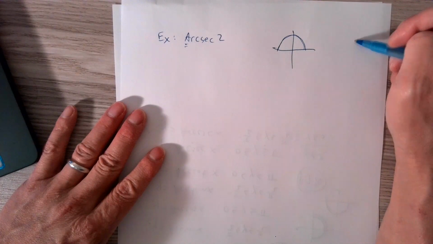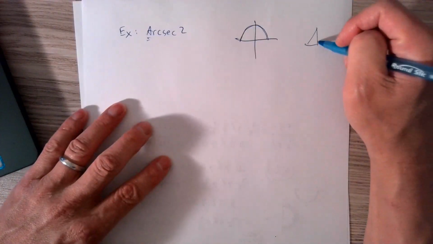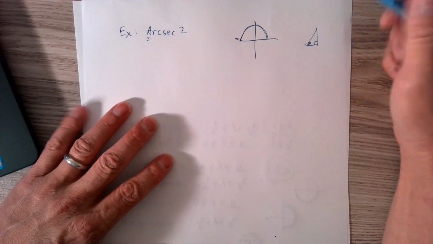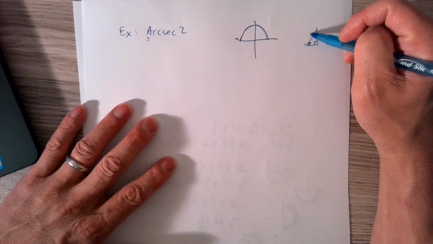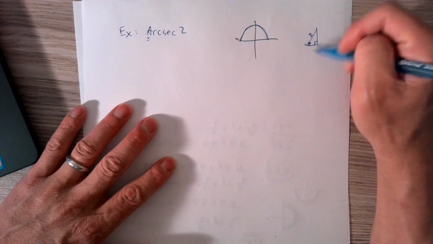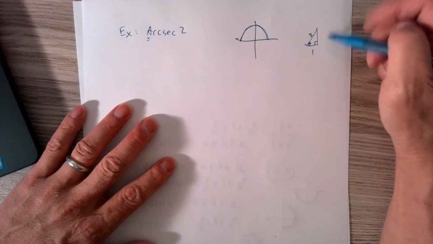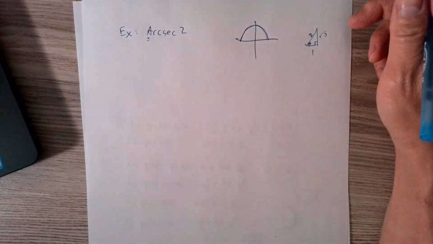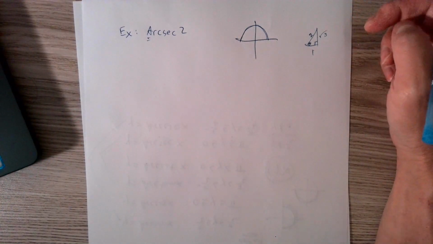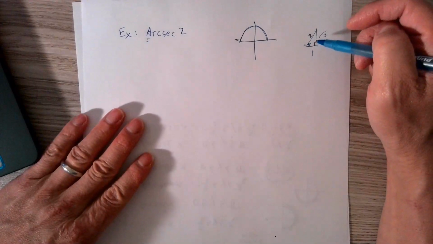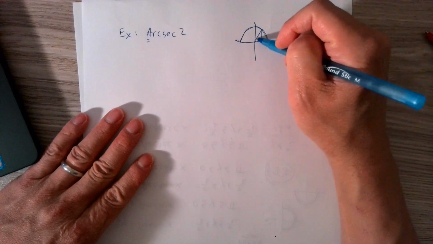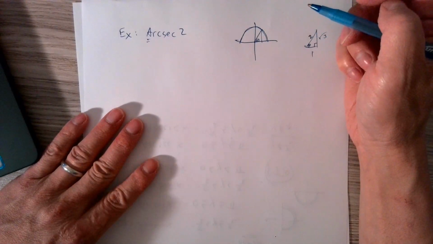Okay, so I'm just going to draw a generic triangle here. So if our secant value of theta is 2, then that means that's hypotenuse over adjacent. So 2, 1, and rad 3. So where does this occur? This happens when we have a triangle here at 60 degrees.